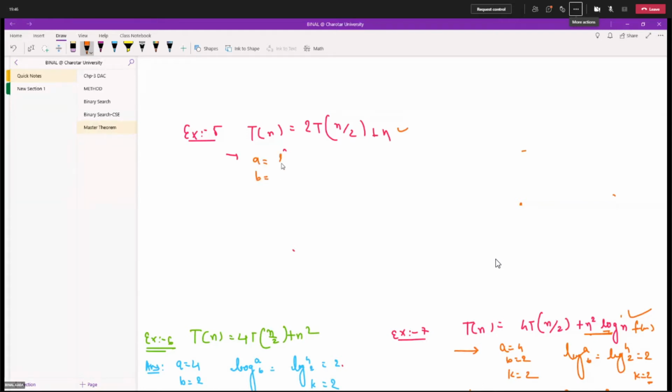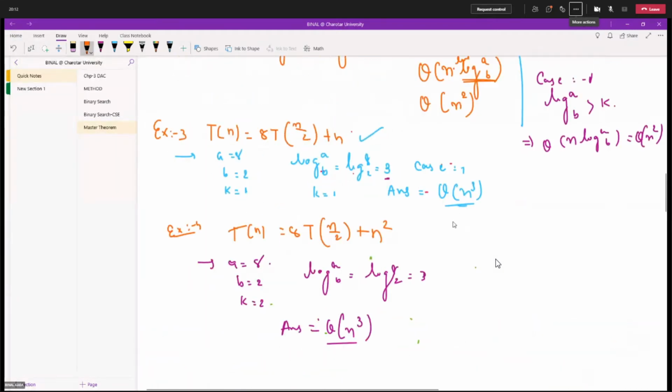A 2, B 2, and K 1. Okay. So log A base B, log 2 base 2, is 1. K is also 1. Which condition is satisfied over here, Parth? Second case. Case 2.